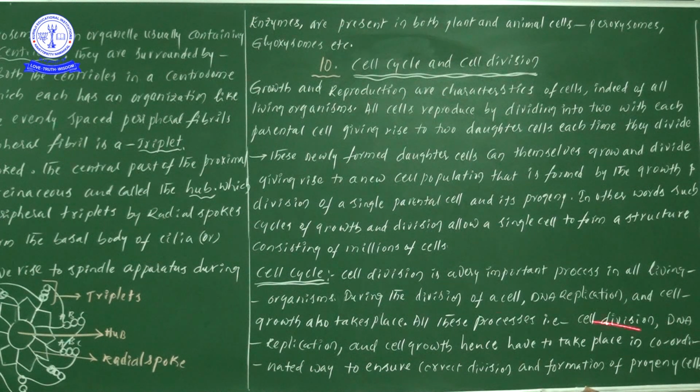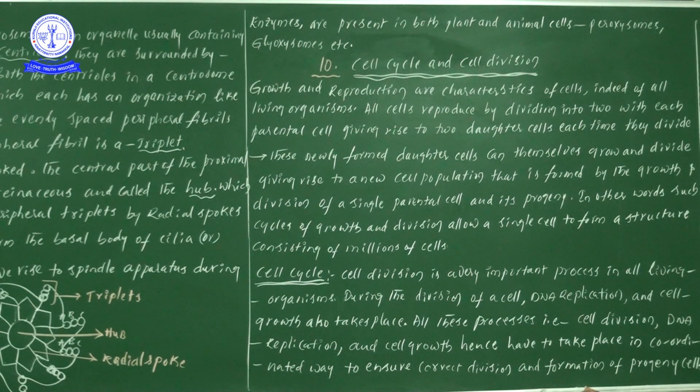Here all these processes, the cell cycle, DNA replication and cell growth, all together have to take place in a coordinated way to ensure correct division and formation of progeny cells. So these processes are like one coordinated cycle.